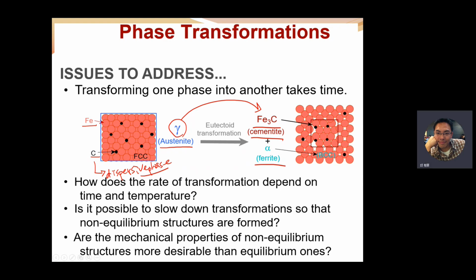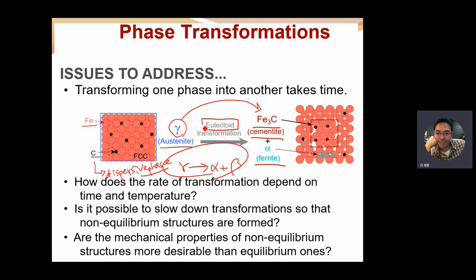So we already knew from the previous chapter that one solid transforms into two solid solutions. And this reaction is what? Eutectoid reaction, right?